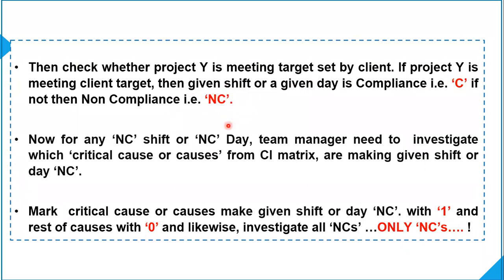So if average processing time is less than 270 seconds, then it is compliance. If average processing time per unit for a given shift is more than 270 seconds, then that shift will be an NC shift. It will be marked by NC. That is what we need to do.